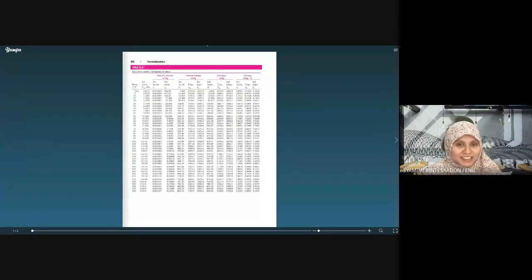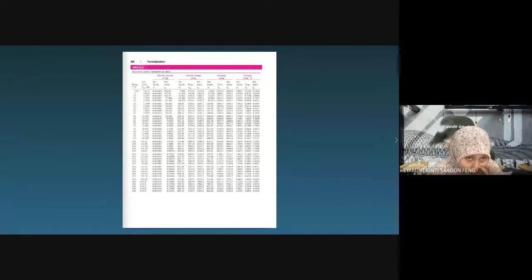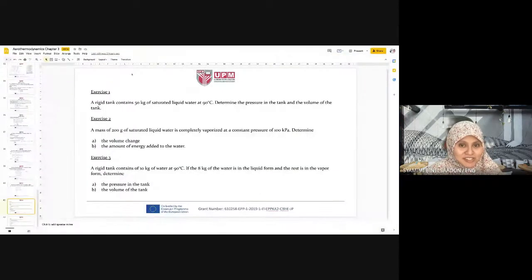So back to the question just now. A rigid tank contains 50 kilogram. You search the value in the table.